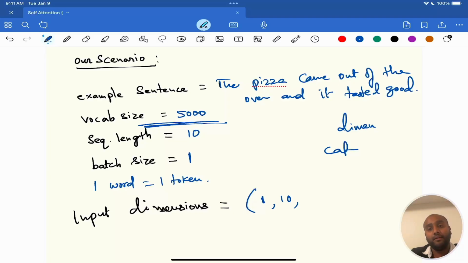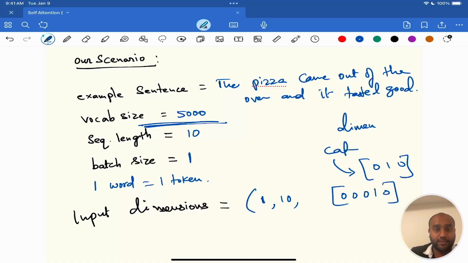If we have to represent it in the form of numbers in one hot encoding vectors, if we do something like 0 1 0, we say this is three-dimensional. If we represent it in 5 dimensions, then we represent it with five numbers.